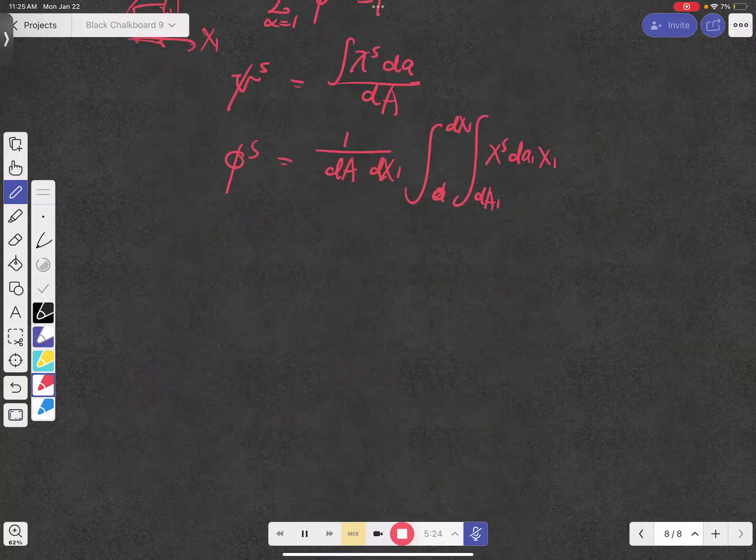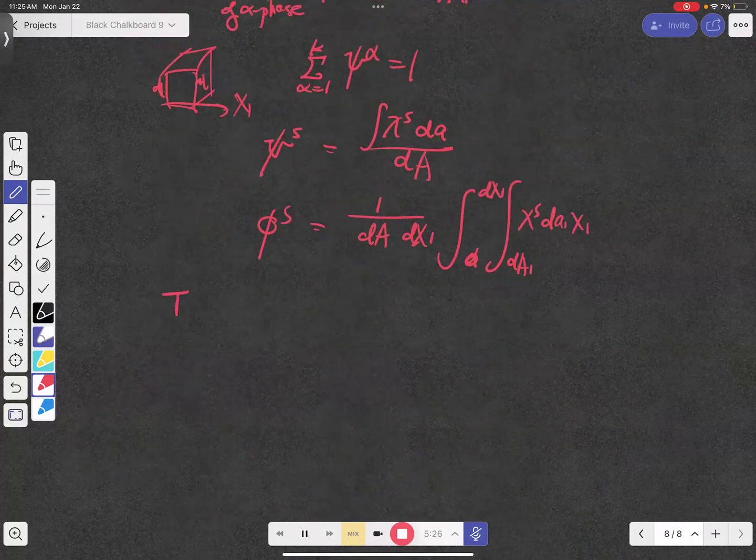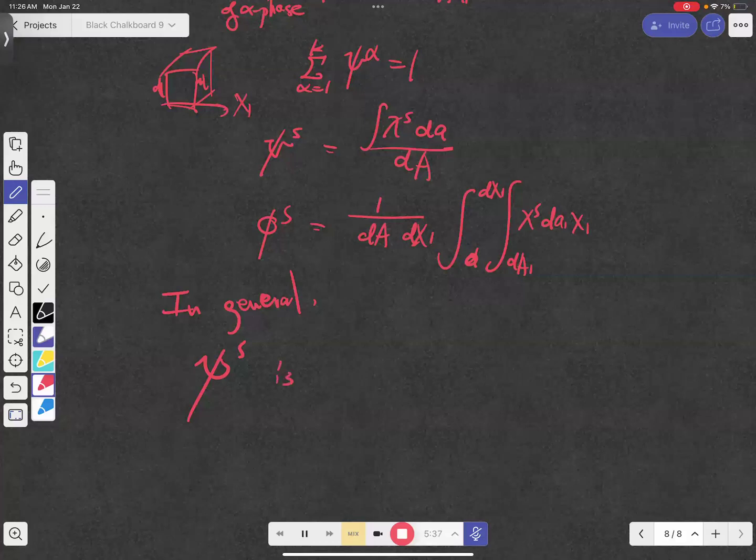Now in general, the area fraction is not necessarily equal to the solid phase area fraction.